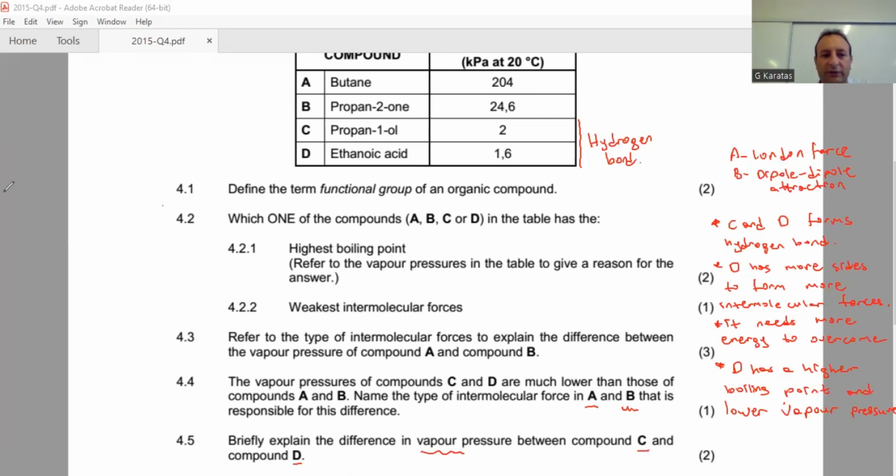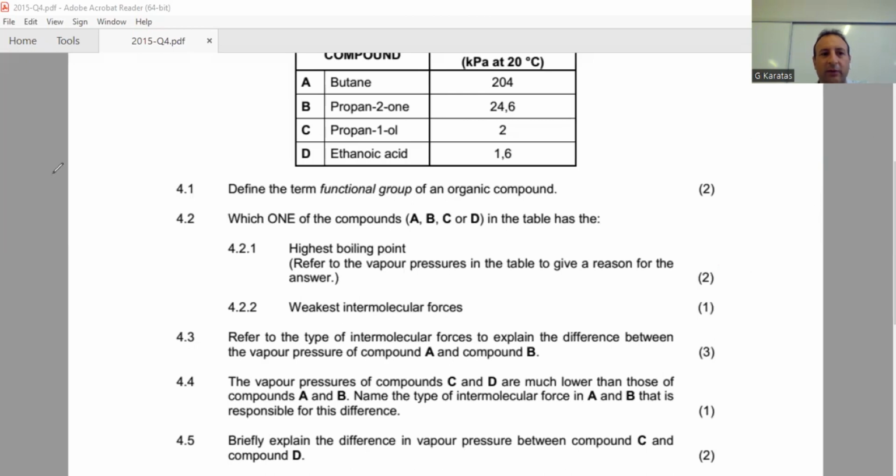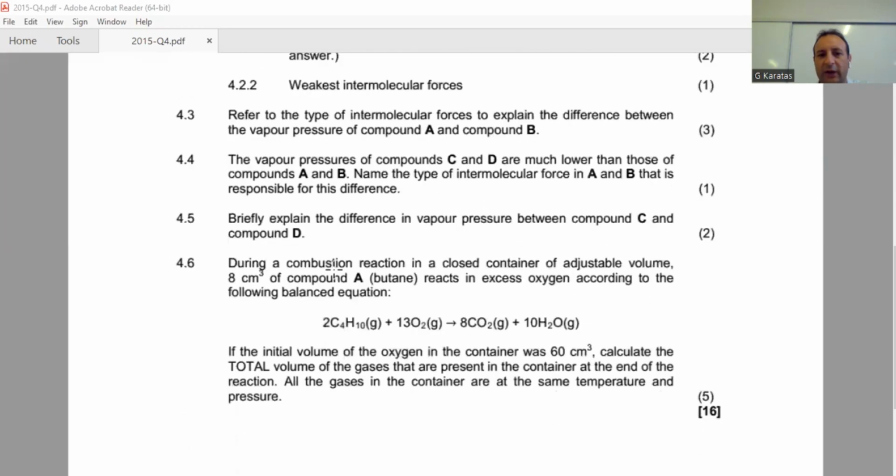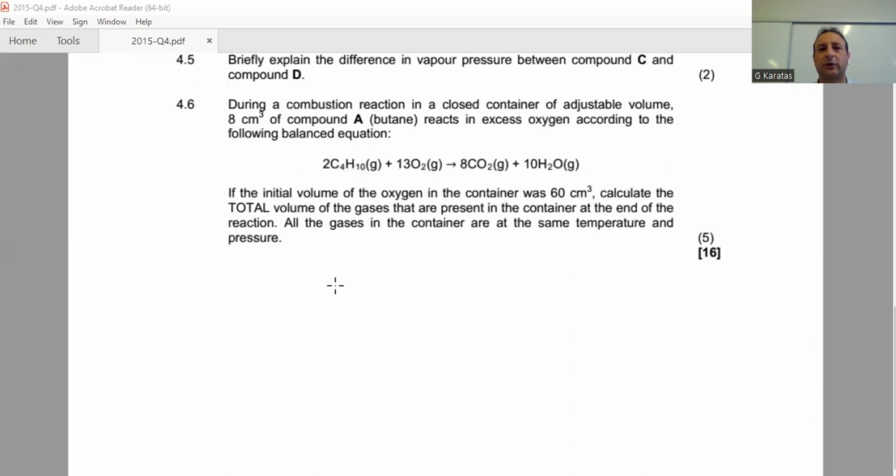And the last part of this question is about calculation and stoichiometry. So let's say during a combustion reaction in a closed container of adjustable volume, 8 cm³ of compound A, C4H10, namely butane, reacts in excess oxygen according to the following balanced equation.